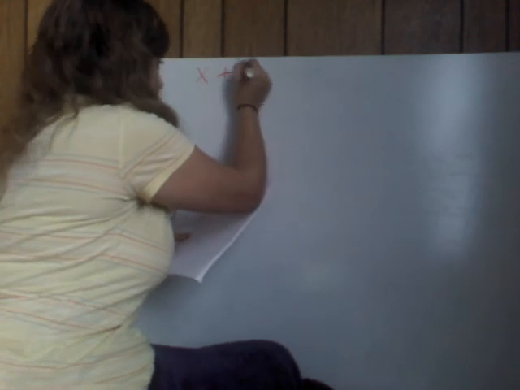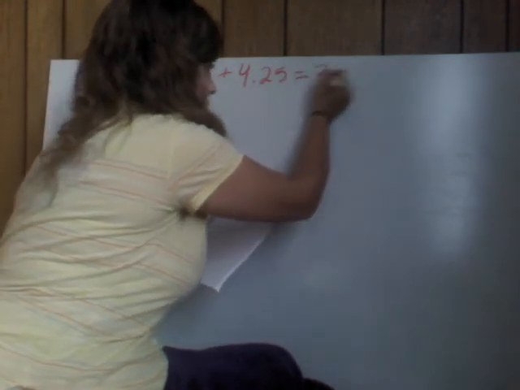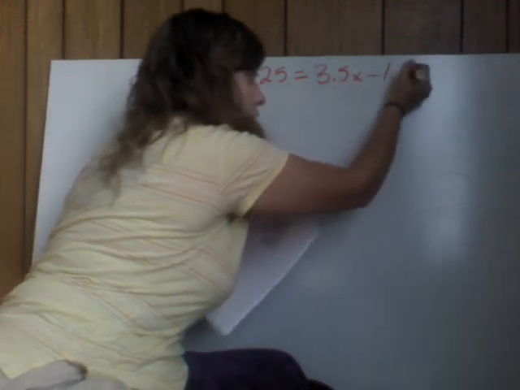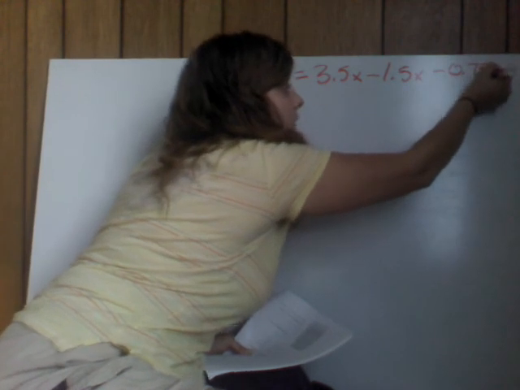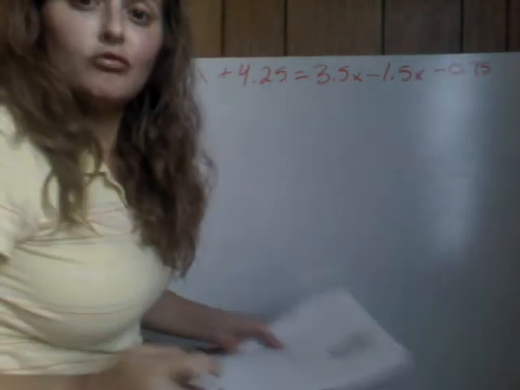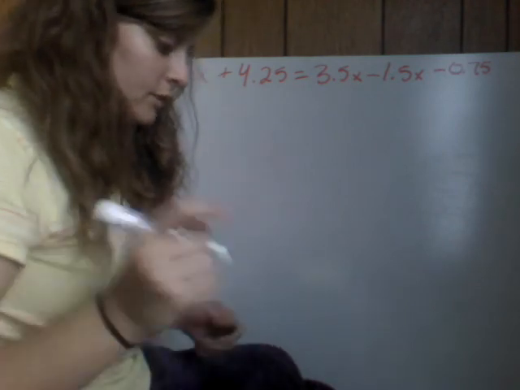So I've got x plus 4.25 equals 3.5x minus 1.5x minus 0.75. It was tiring just writing it. Goodness. But we can still do this.